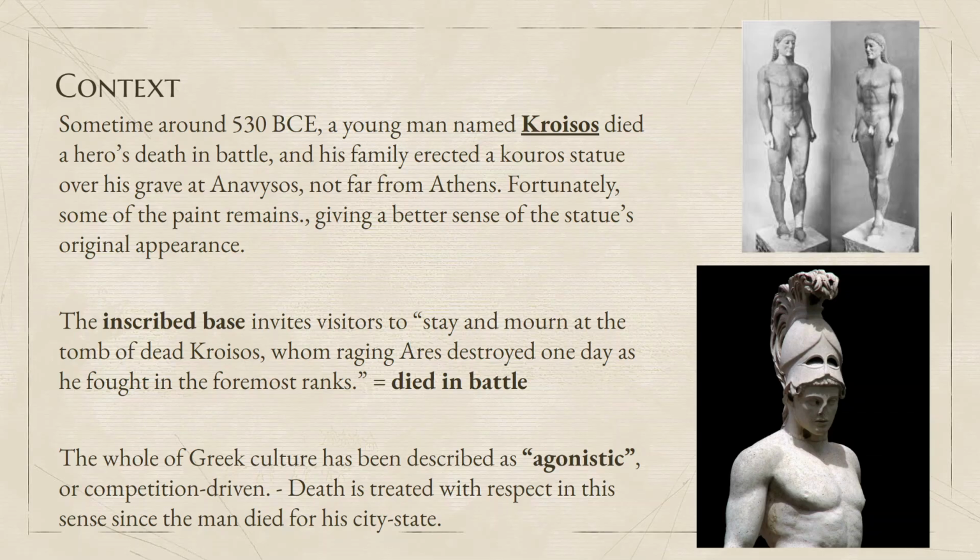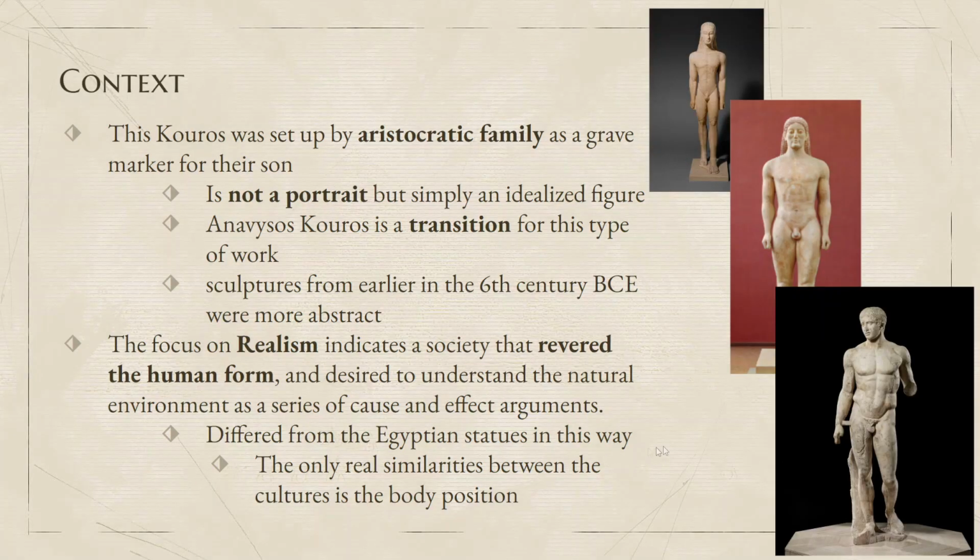But the Greeks are more focused about the here and now. Death is going to still be treated with a lot of respect, but how you die is also going to be important. So his death being for the city-state is almost like a competition. It's be like this guy. So really interesting transition there.